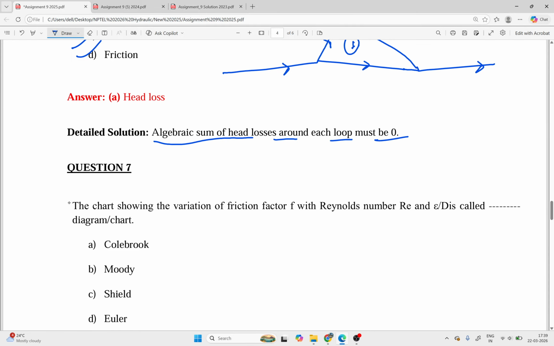So here you have question number 7. The chart showing the variation of friction factor, remember please, with Reynolds number Re and relative roughness e by D is called which diagram or which chart? Colebrook, Moody, Seals or Euler? Which one?